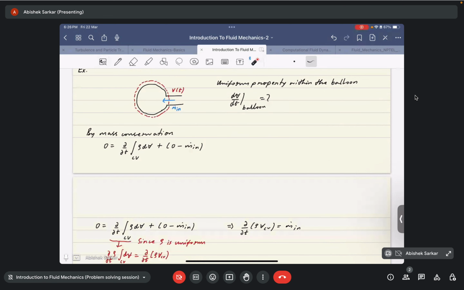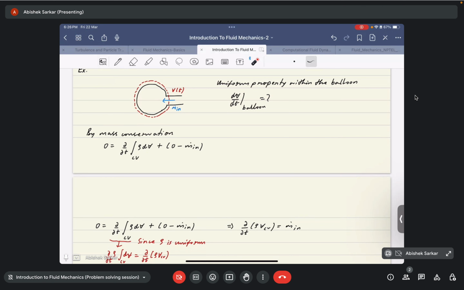A person can view a problem in a different way, so he or she can make their own choice of control volume. But as you will see in the following problems, a proper choice of control volume also simplifies the problem a lot. So a clever choice of control volume is a very important thing to know while approaching these fluid mechanics problems.